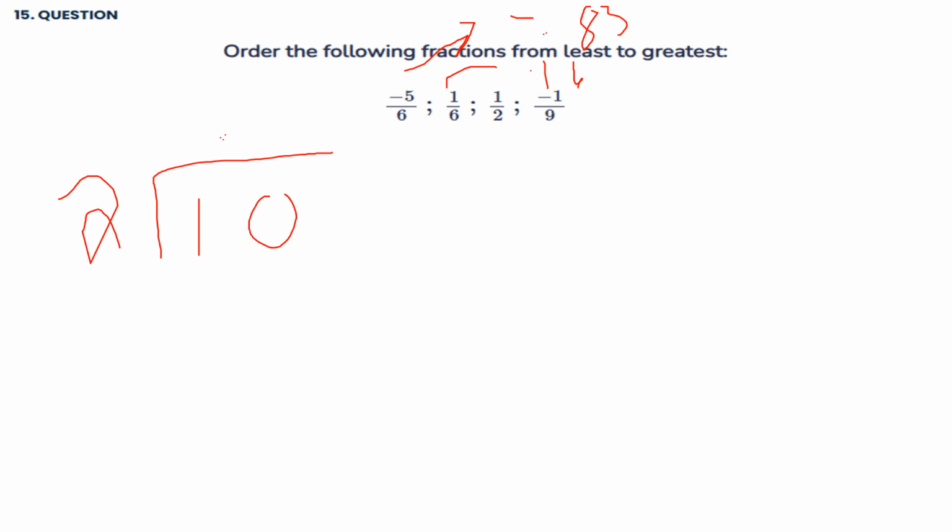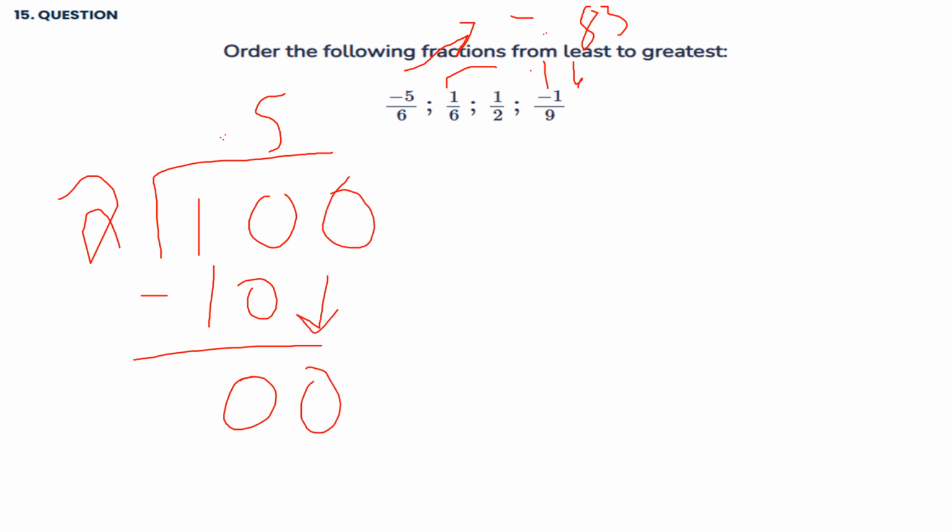And 2 can go into 10 5 times. 5 times 2 is 10. And we want to get at least 2 numbers after the decimal. 2 goes into 0 times. So we know that 1 over 2, or 1/2, is 0.50.